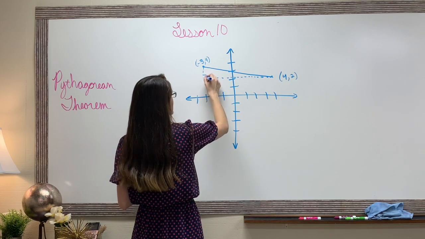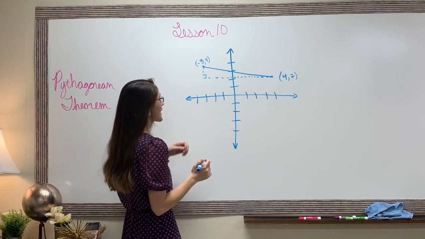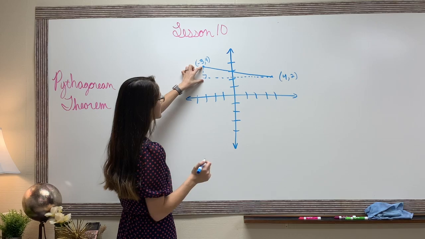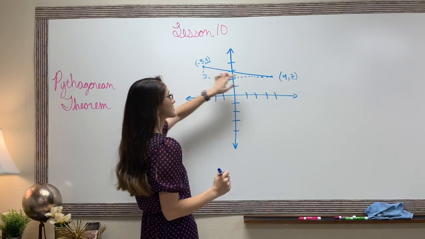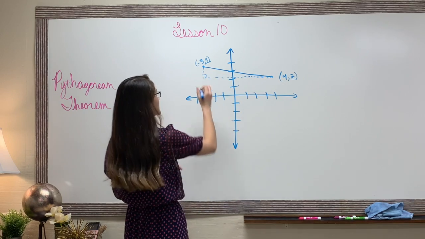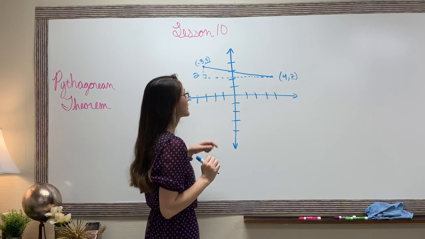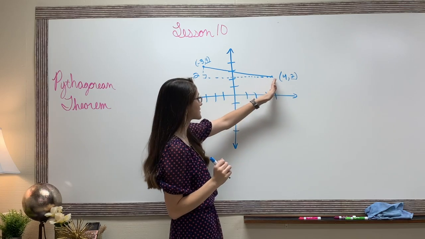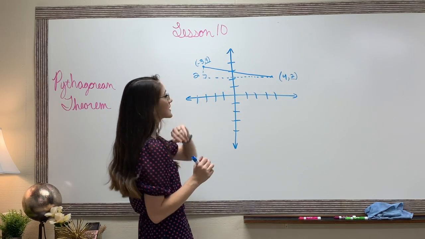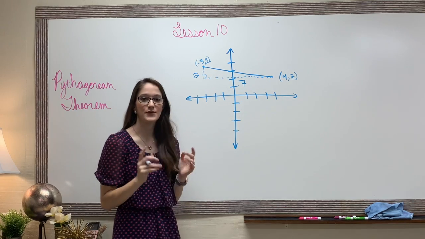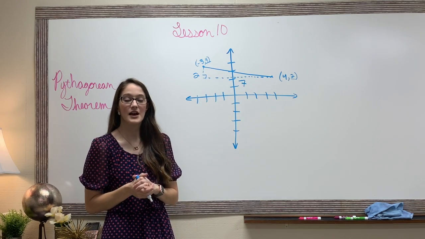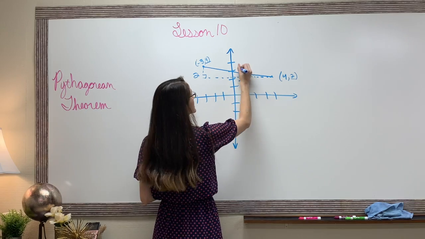Okay, so now I have a right triangle, and I want to ask myself, how far up did I go when I had those 2 values? I know that to go from 2 to 4 is the distance of 2. And then going from -3 to 4 is a distance of 7. So now I have the measurements for the 2 legs of my right triangle, and we're going to call this part C.